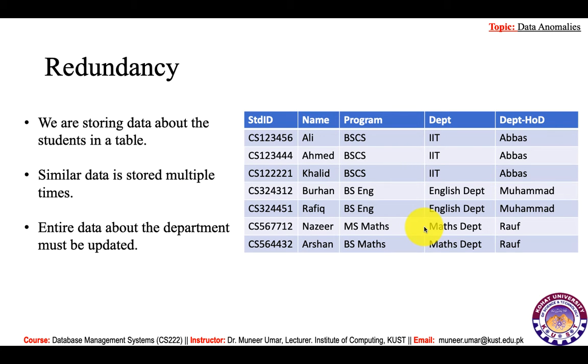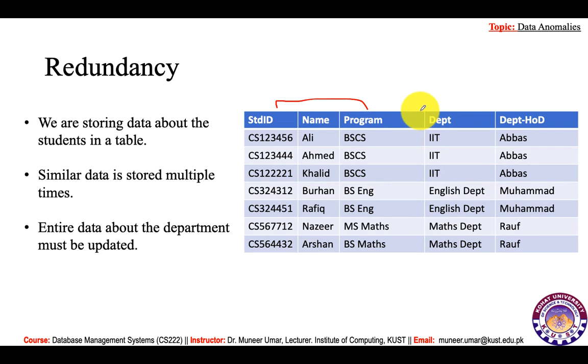This is an example of redundancy. Here we have some tuples about the student. These are under student ID, name, program, department, and department HOD. So in this table, we have actually two things. The first thing is about the student and the association of student with the department.